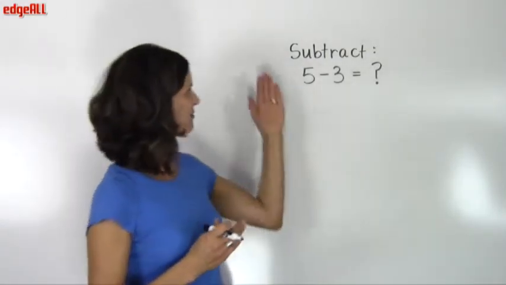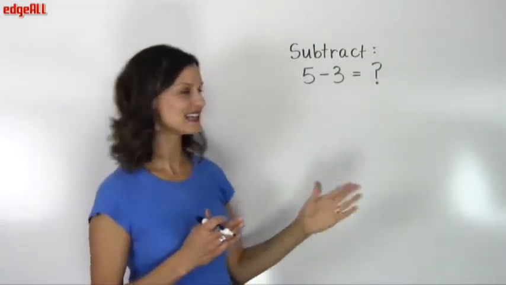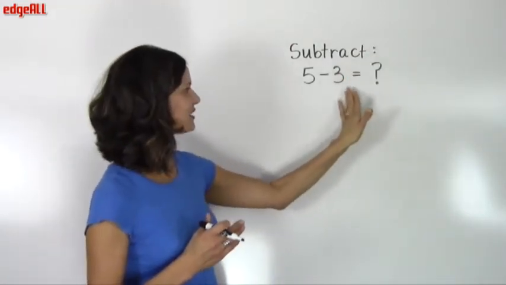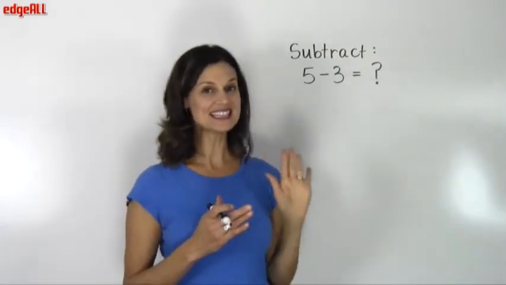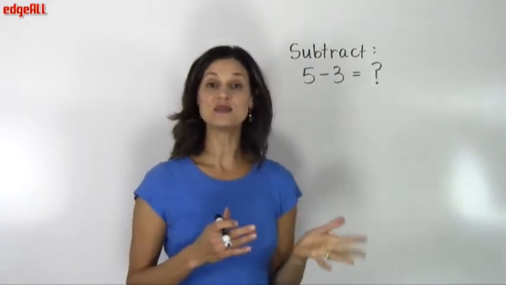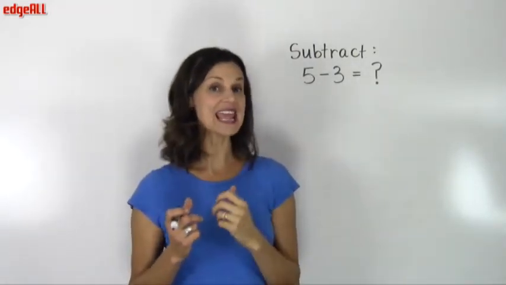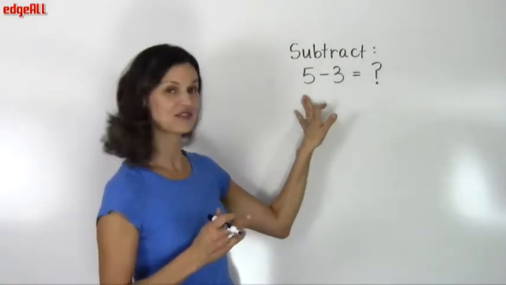So in our example here, our directions are to subtract. 5 minus 3 equals what number? In this example, with our 5 and our 3, we are subtracting or taking away 3 from 5.